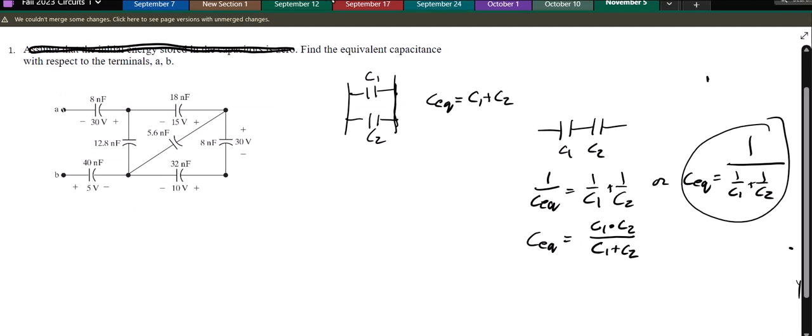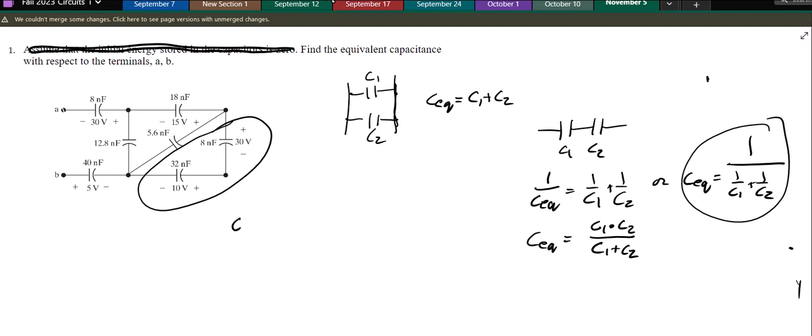I want to start as far away from the terminals that we are trying to find as possible. So I see right over here I have two capacitors in series, and so my equivalent capacitance for those will be product over sum, 8 times 32 over 8 plus 32.